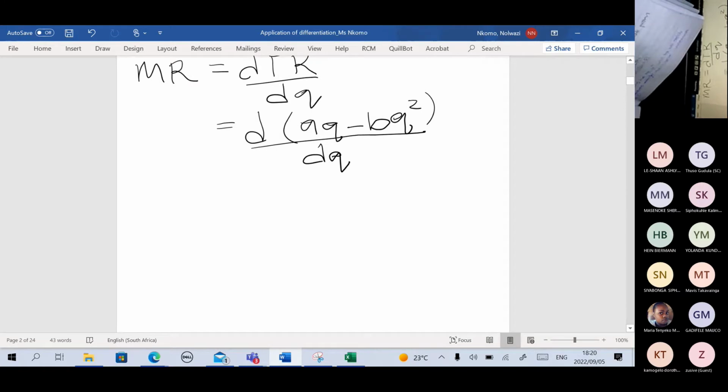And you did derivatives in your last section, which is chapter 5. So we have to differentiate this function with respect to Q. If you differentiate AQ, what do we get?